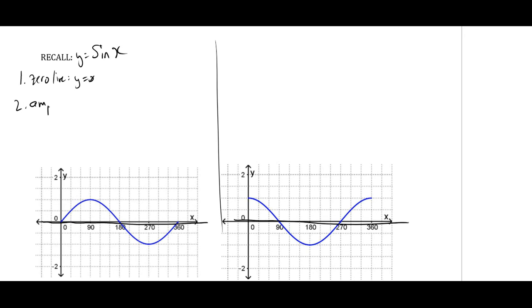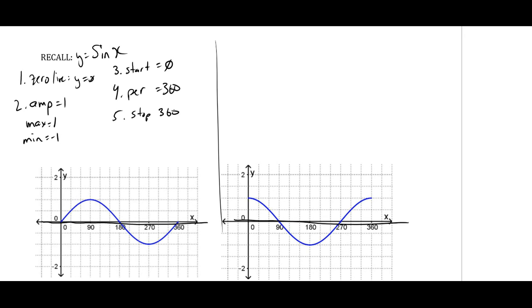The amplitude is 1, which makes the max 1 and the min negative 1. It starts obviously at 0. It has a period of 360, which means it stops at 360.